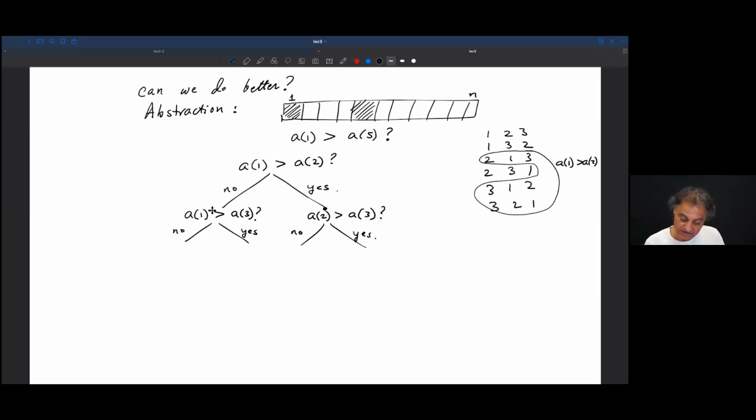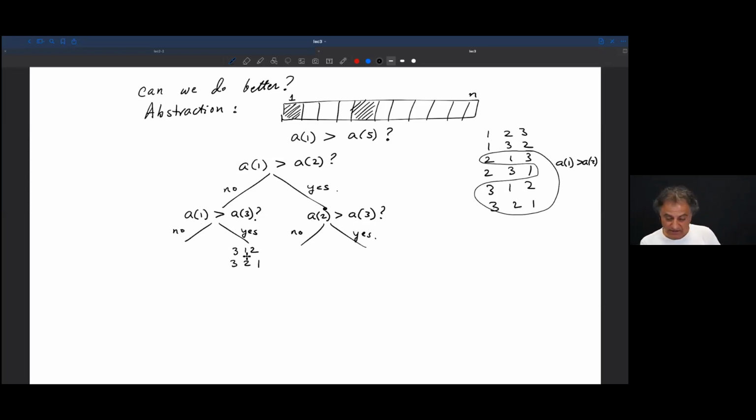And then when we ask, is A1 bigger than A3? Then these two, 3, 1, 2 and 3, 2, 1, will end up here.